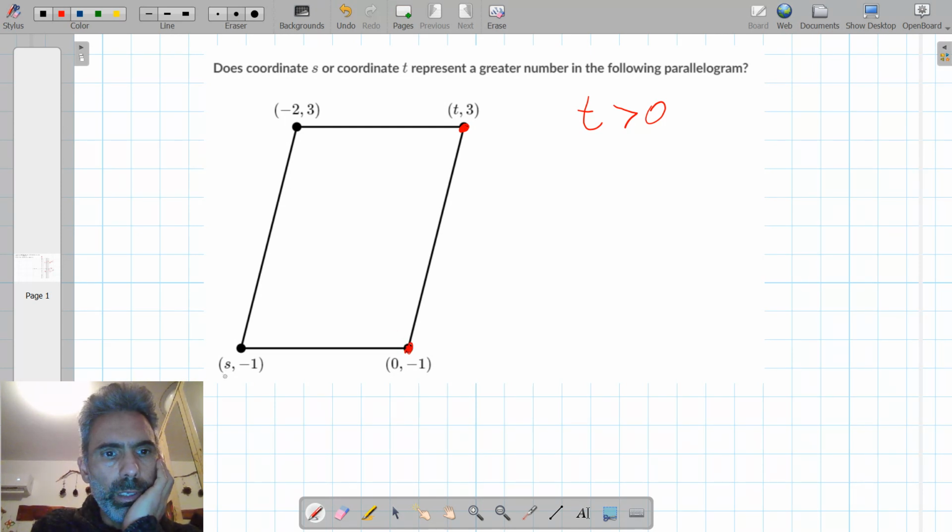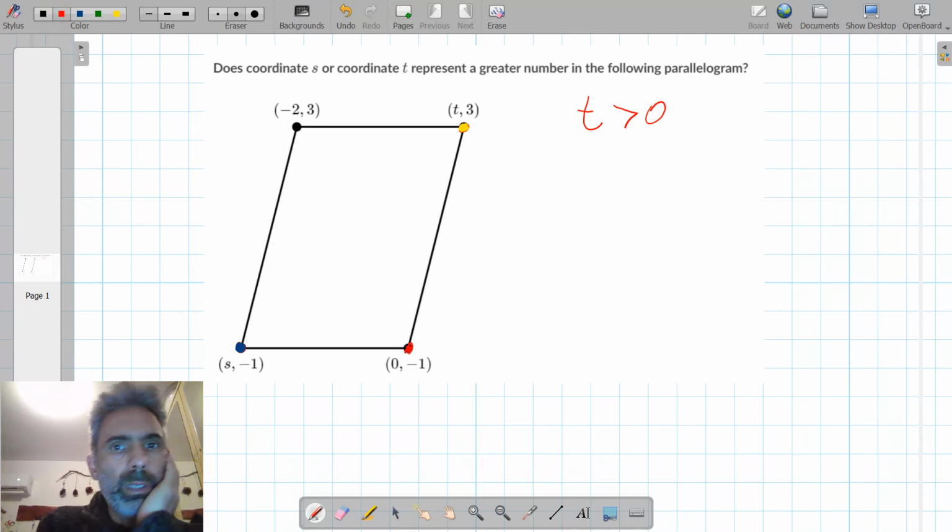And the S is the x coordinate of the blue point, and the T is the x coordinate of the yellow point.